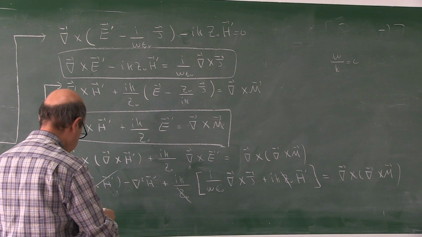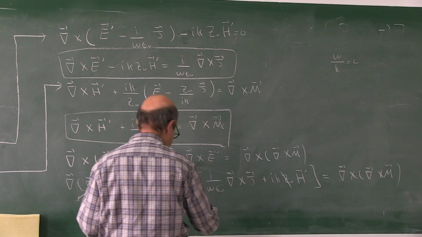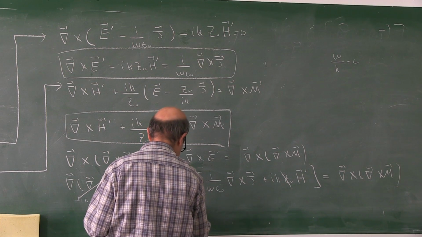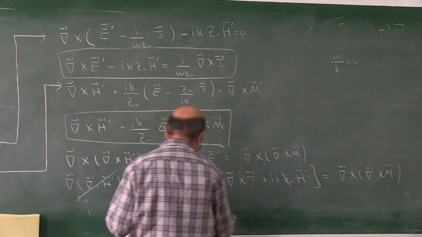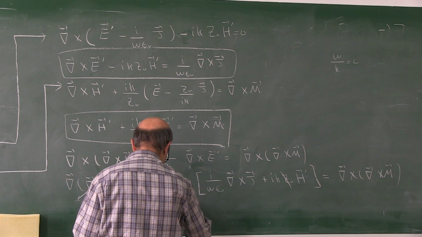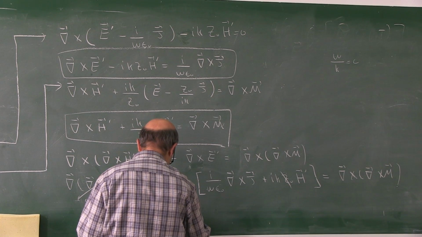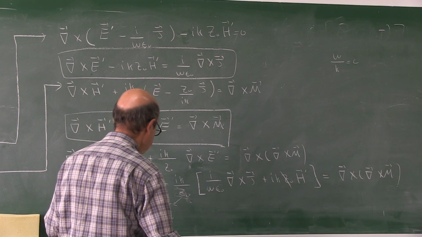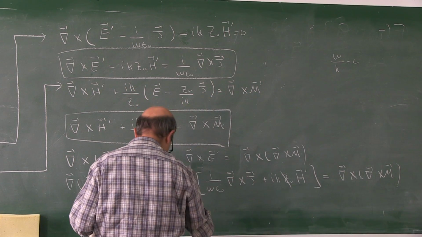But before going one more step, for that term, you have Z0. Basically, this is cancelling. This is not cancelling. So Z0 is square root of mu 0 over epsilon 0. I am concentrating on that term. k is omega over c.